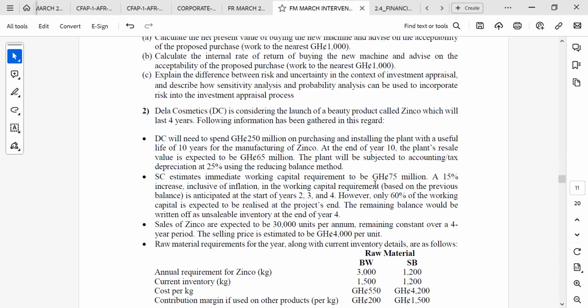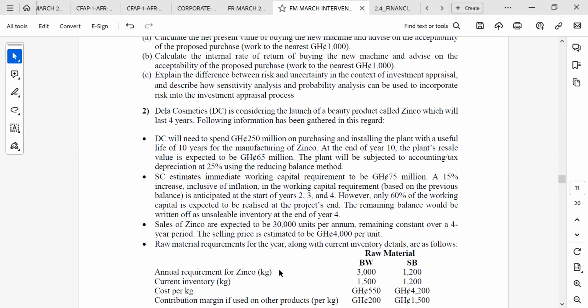The plant will be subjected to accounting per tax depreciation at 25% using the reducing balance method. The company estimates immediate working capital requirement to be 75 million Ghana cedis. A 15% increase, inclusive of inflation, in the working capital requirement that is based on the previous balance is anticipated at the start of years 2, 3, and 4.